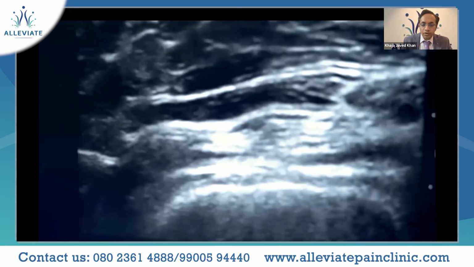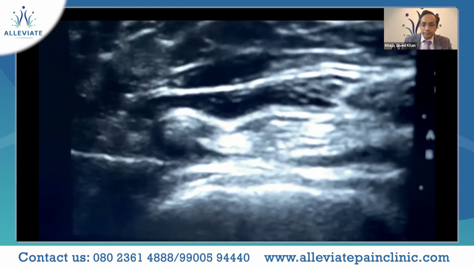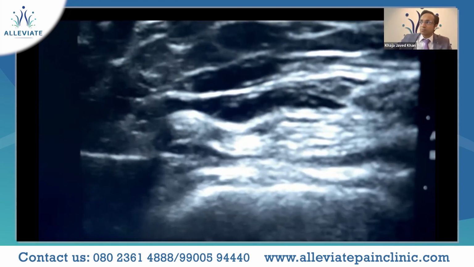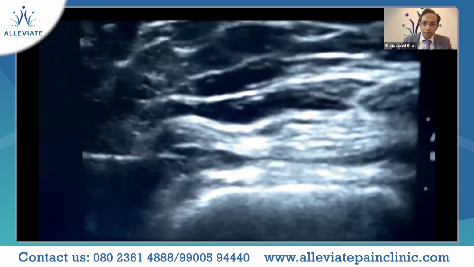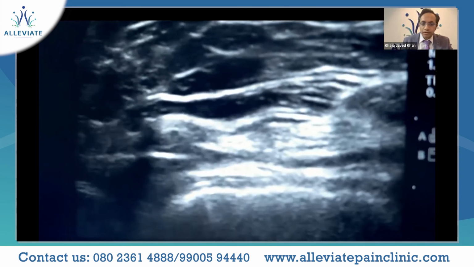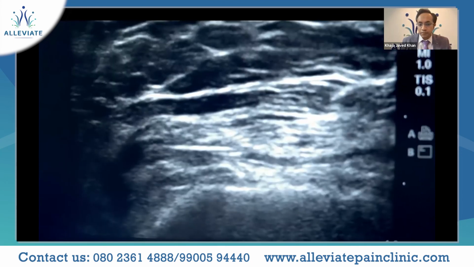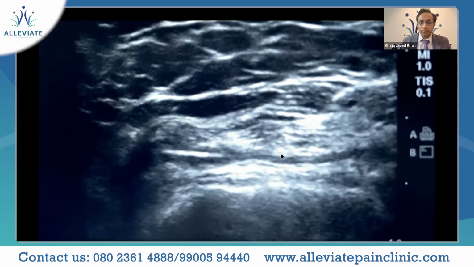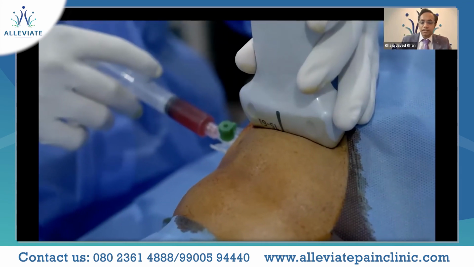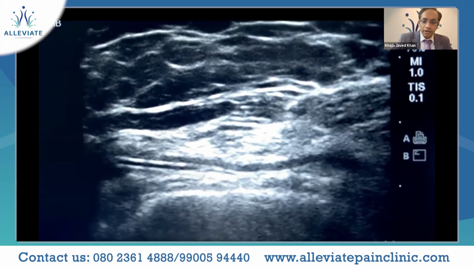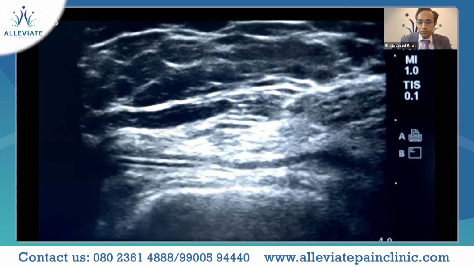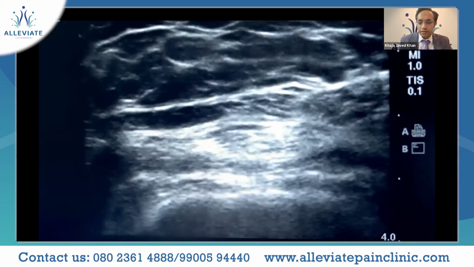I'm inserting the cannula over here. And the needle is going in. So we are injecting the PRP over here into the suprapatellar recess.